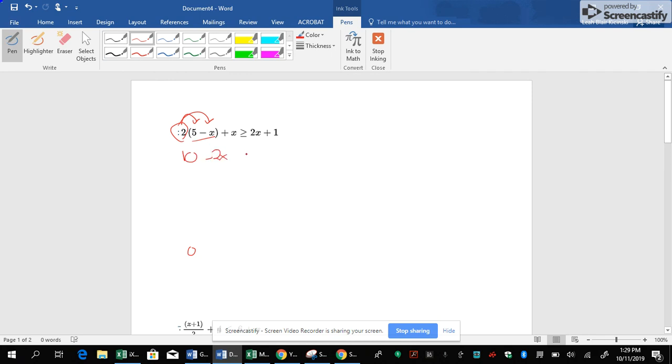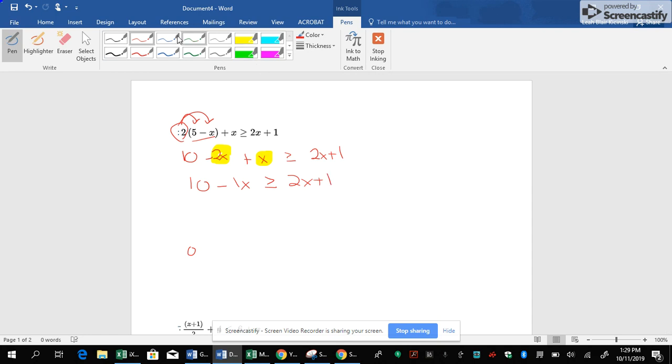And now all I'm going to do is write the rest of the problem. Plus x greater than or equal to 2x plus 1. Now, everything that you can combine, you should. So there's some x's there that are both like terms. So 10, negative 2, and positive 1 make negative 1x. Okay.